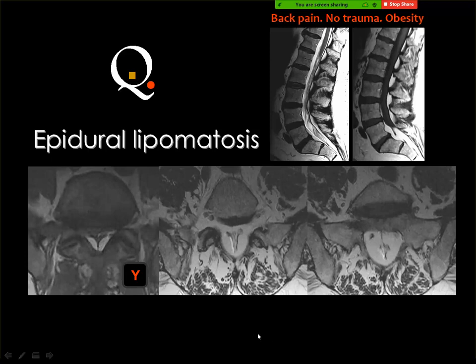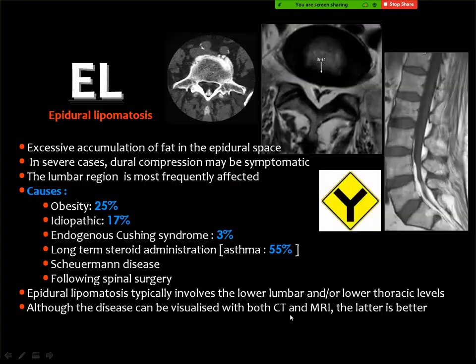Epidural lipomatosis is an incidental finding and is usually asymptomatic. It's actually very common in the lumbar spine, where you get excess fat around the thecal sac, and this will result in the thecal sac being compressed from all sides, resulting in this very specific Y-shaped configuration of the thecal sac.